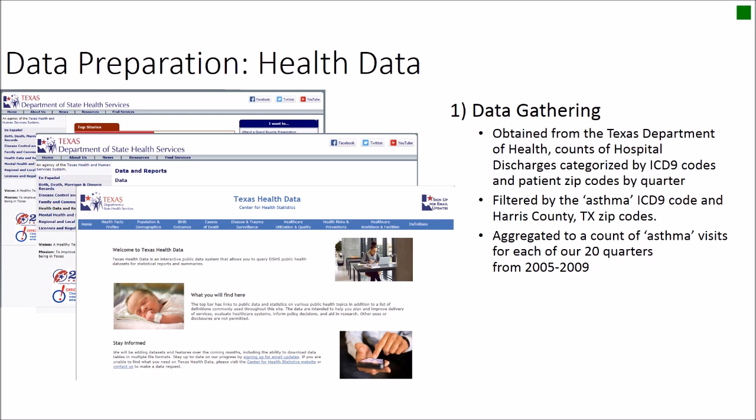Continuing with the discussion of the data preparation, for the health data, we contacted the Department of State Health Services at Texas and were directed to a collection of text files that was publicly available that contained discharge counts of patients and some demographic information, as well as some health-related information in terms of the ICD-9 codes.